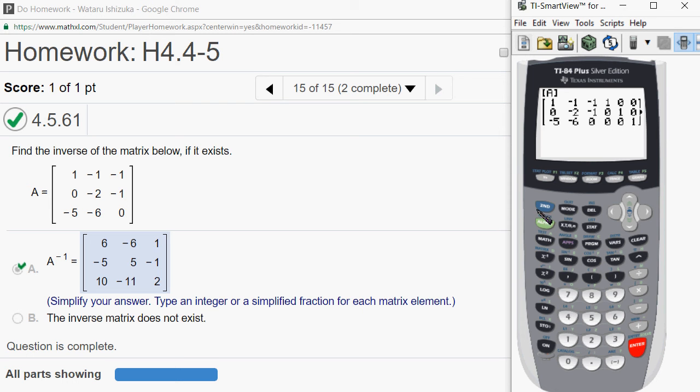Right, there is something called the reduced row echelon form. So it actually goes straight to the reduced matrix. So if you go to second matrix, right, and go to math, right, then up, right. So if you go to here B, this is reduced row echelon form. So RREF. So hit enter.